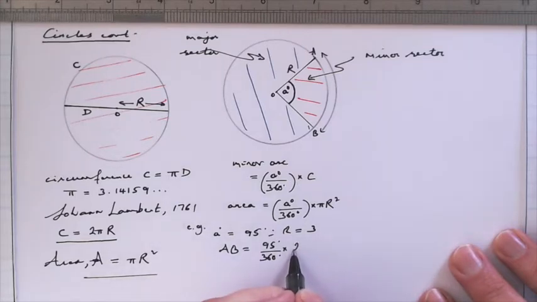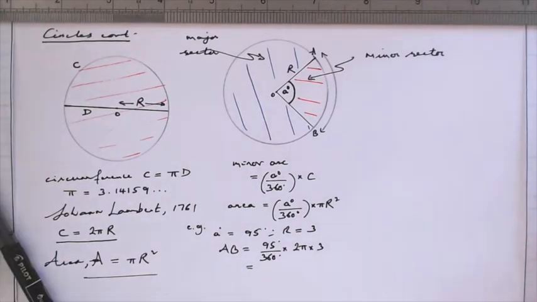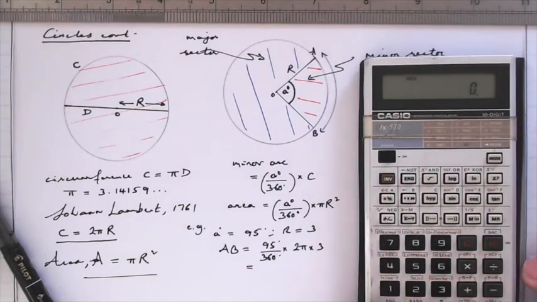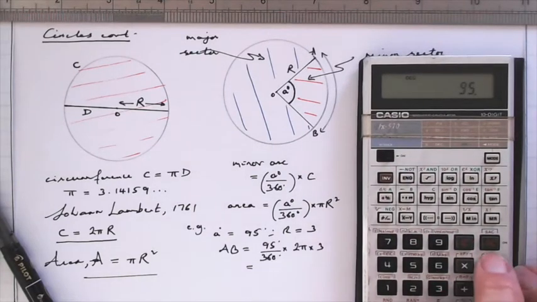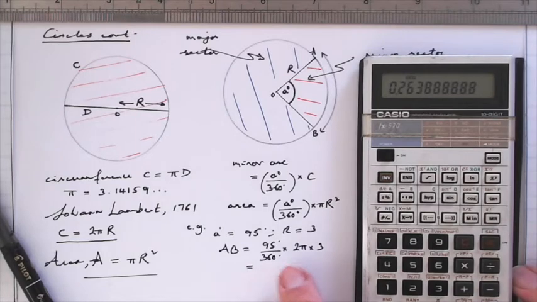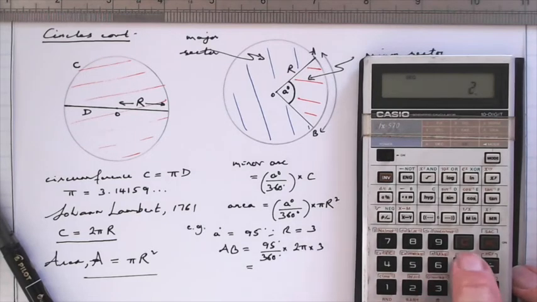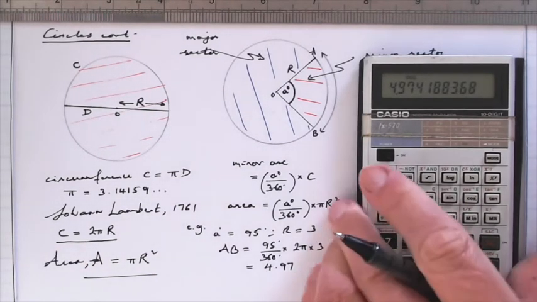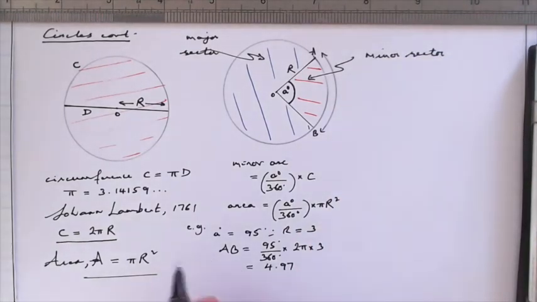I then multiply by 2 pi times the radius, which is 3. Okay, and this sort of problem would be on a paper where you were allowed to use a calculator. So you'd have 95 divided by 360 times 2 times pi times 3 equals 4.97 in whatever units.